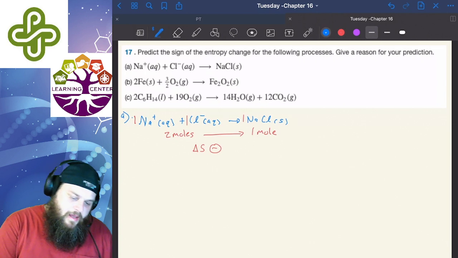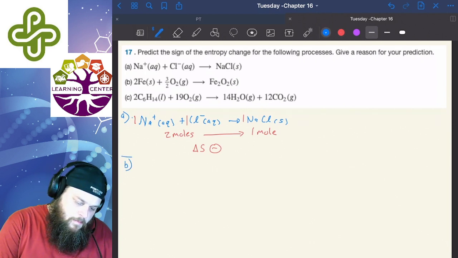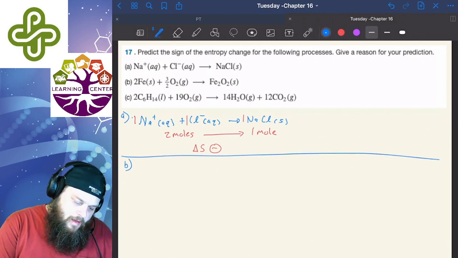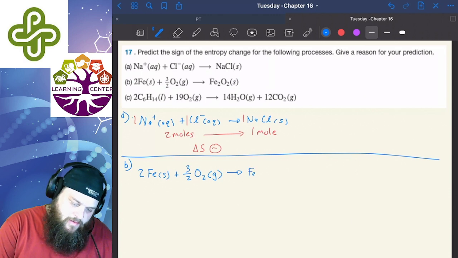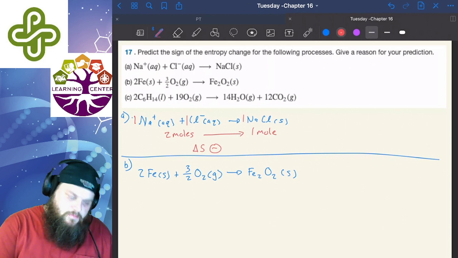For part B, we have 2 Fe solid plus 3/2 O2 gas forming Fe2O3 solid.